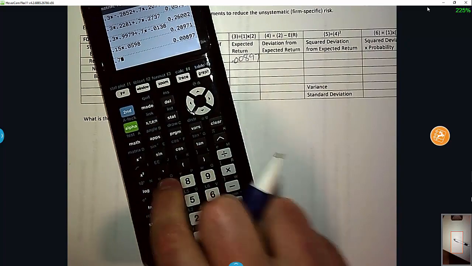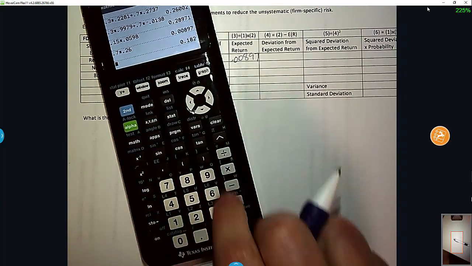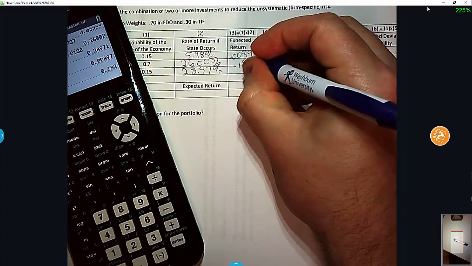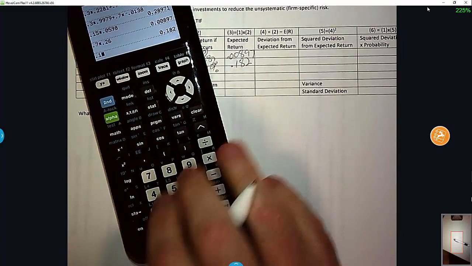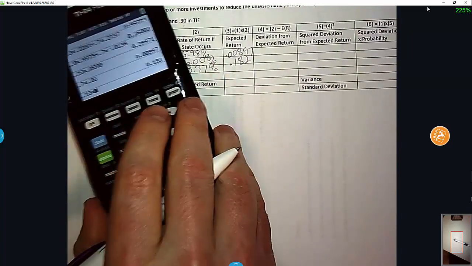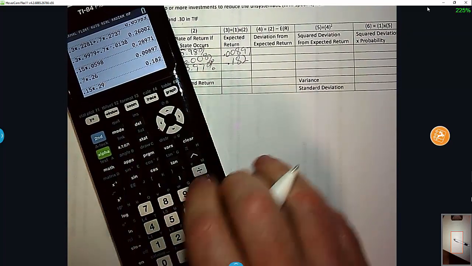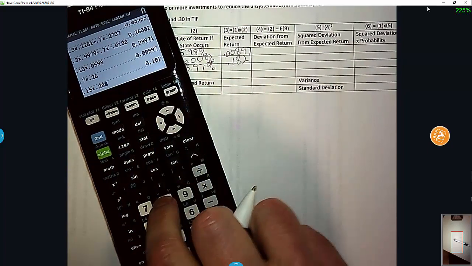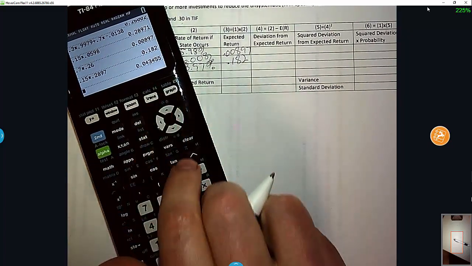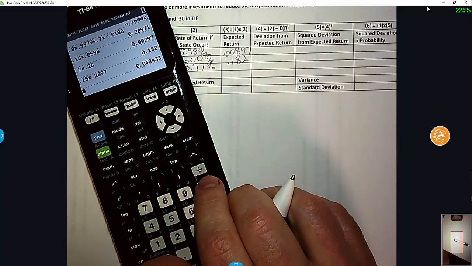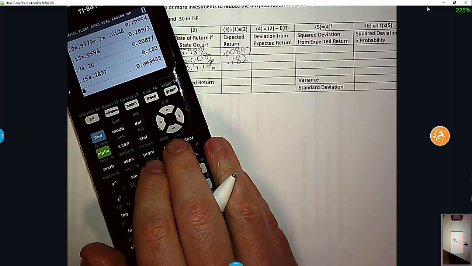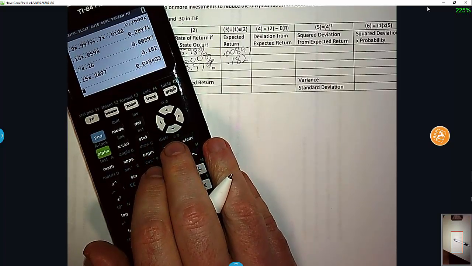I'm going to take 0.7 multiplied by 26% to get 0.182. And then finally, I'm going to take 0.15 multiplied by 0.2897 to get 0.043455, or 0.0435.